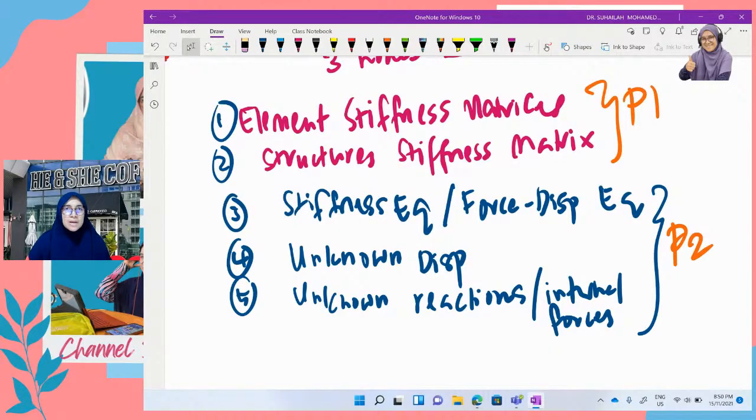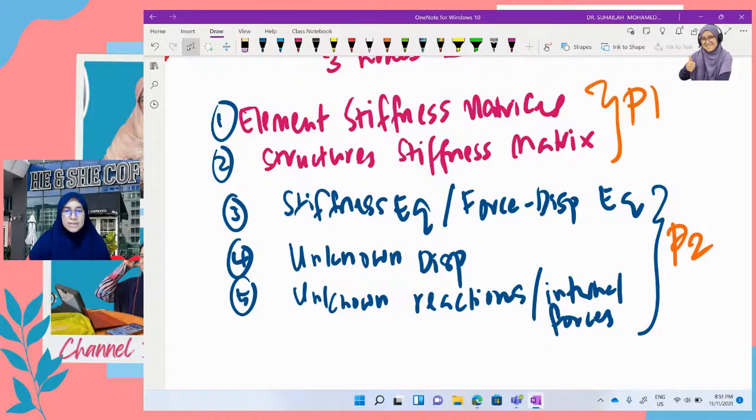We will establish the element stiffness matrices, and we need to establish the structure stiffness matrix. We will focus on this first part before we move to the second part, because the first part is very, very important. If students cannot determine the right structure stiffness matrix, of course it will be affected. It means that you will get the wrong output for the unknown displacement and reactions.